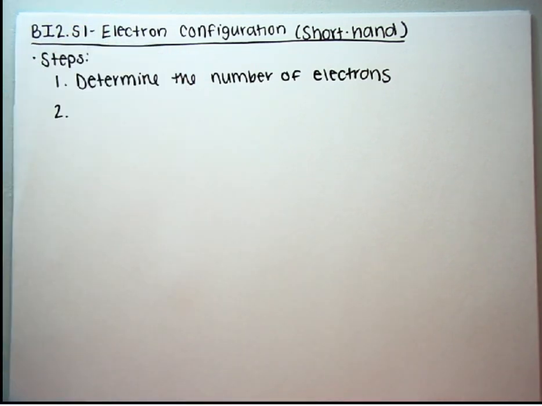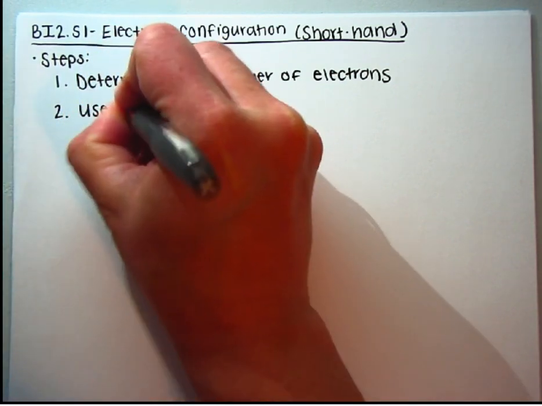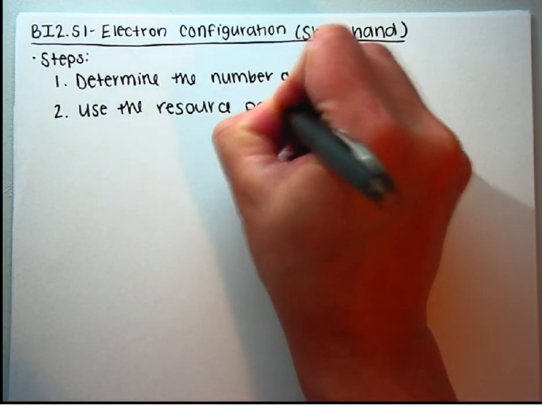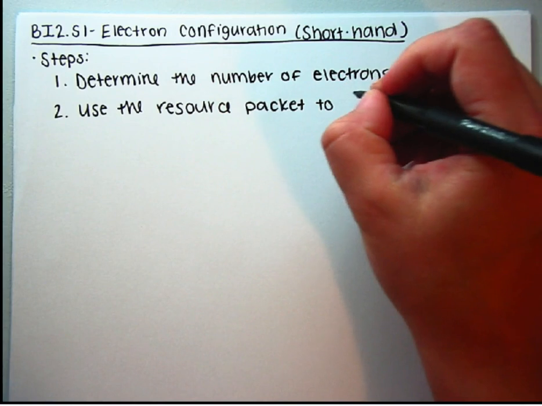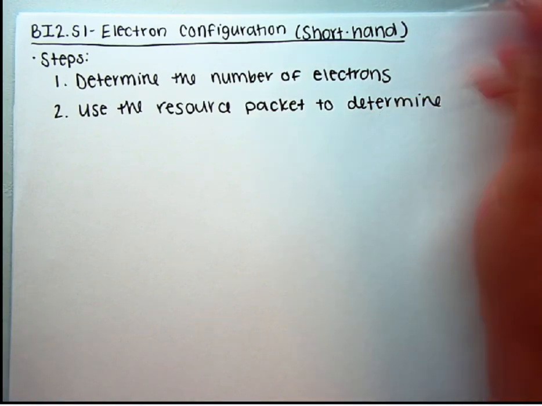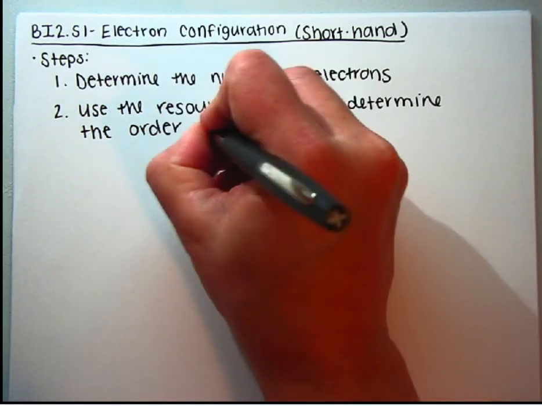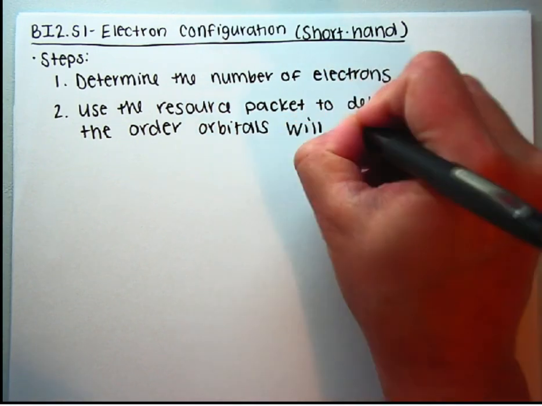Step number 2, we are going to follow the Aufbau principle, which states that the lowest energy levels are filled first. So we are going to use the resource packet to determine the order orbitals will fill.